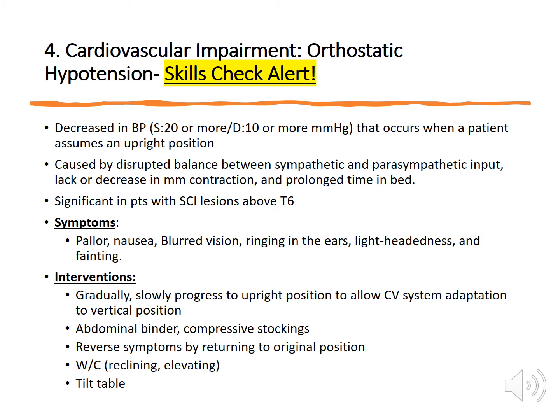So if they're having these symptoms, you want to put them back into the position and then try again, maybe a little slower, progressing them into that final position that you want to have them in, whether it be seated or standing. Interventions that we can also use are a reclining or elevating wheelchair that can slowly go into that upright position, or using the tilt table, as you had a chance to review and use in patient care.